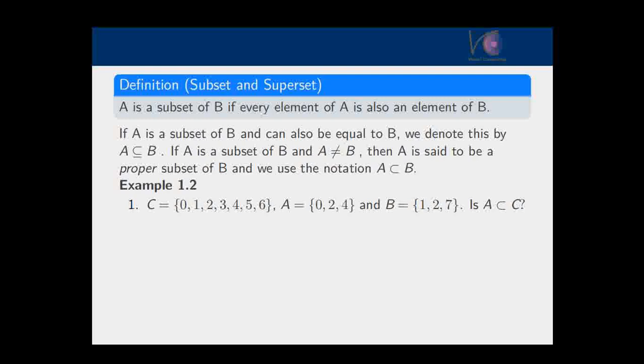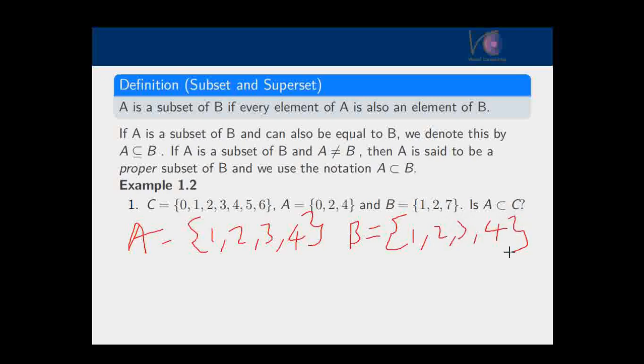We can say let A be equal to 1, 2, 3, and 4. We can also have B equal to 1, 2, 3, and 4. Let's look at these two sets. We are saying A is a subset of B if every element of A is also an element of B.